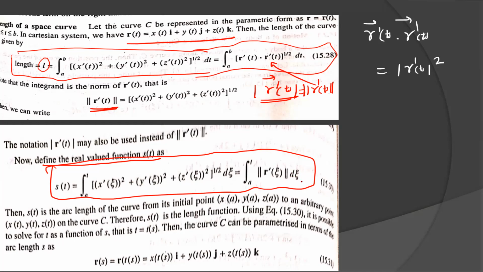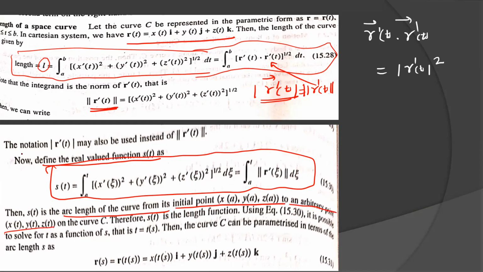Xi is any parameter; you can suppose some other variable, depending on whichever parameter you are taking here. s(t) is the arc length of the curve from the initial point to an arbitrary point x(t), y(t), z(t).